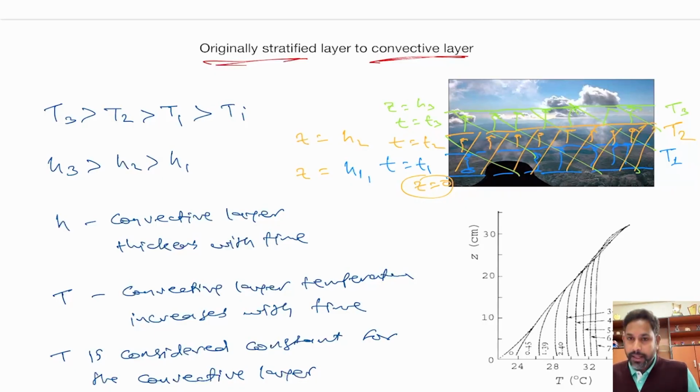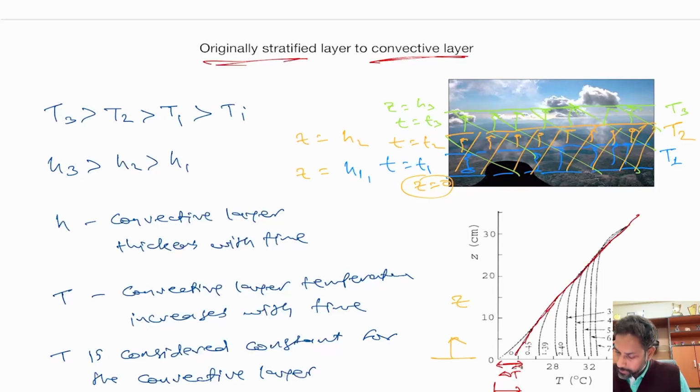So this image that you see at bottom right, that shows you an original stratification. So this is the Z that is measured from the bottom, right? This Z goes this way, and your temperature is measured from here, and this one can be considered as delta T. And originally this was the stratification, right?